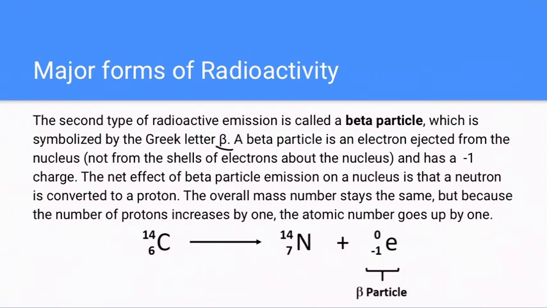In the example at the bottom of this slide, our parent nuclide, carbon-14 over 6, produces our daughter nuclide, nitrogen-14 over 7, plus that beta particle. Remember that a beta particle can also be written with our beta symbol and then 0 over -1.